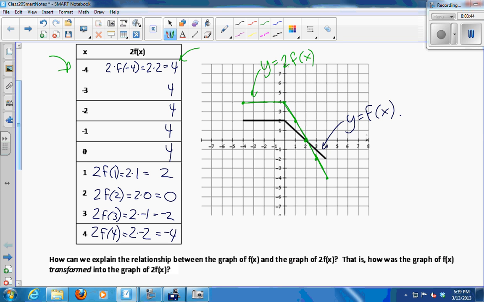X-intercept is the same. Yep, and that will always be true because x-intercepts have y coordinates of 0. So when you multiply something 0 by something, it's going to stay 0. So the x-intercept will stay the same, and everything else got vertically stretched.